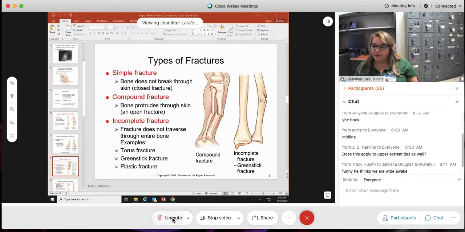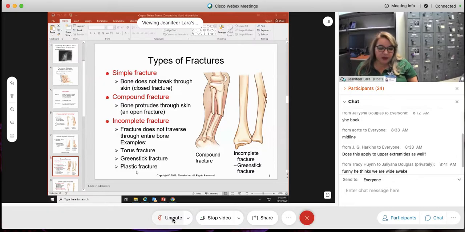So an incomplete fracture is not a simple fracture because it did not completely go through the entire bone. These types of fractures are described in categories. You have the torus fracture, you have the greenstick fracture, and then we have what's called a plastic fracture.